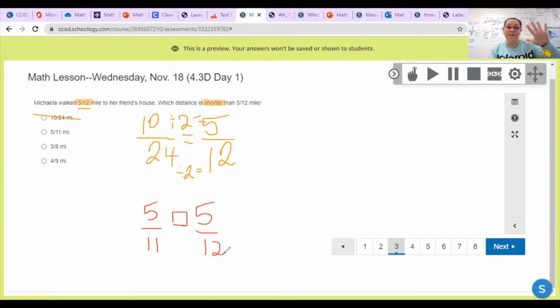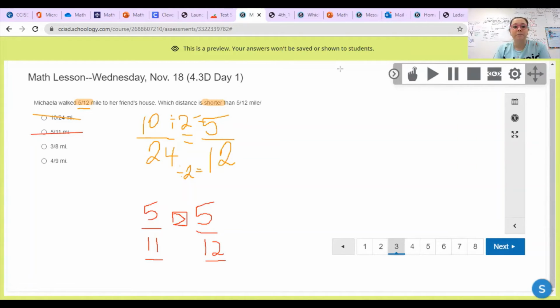Therefore, if I have 5 pieces of both fractions, but in this one the size of my pieces are 11ths, and in this one the size of my pieces are 12ths, that means that since the 11th pieces are bigger, 5/11 is larger. That means that one can also not be my answer.